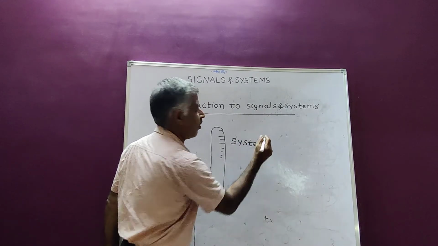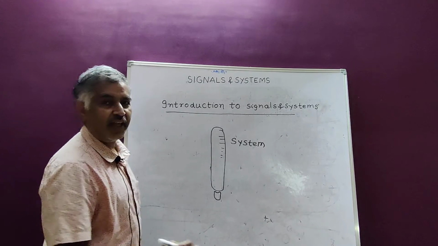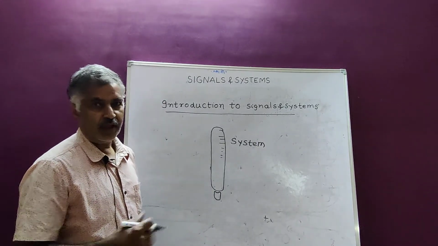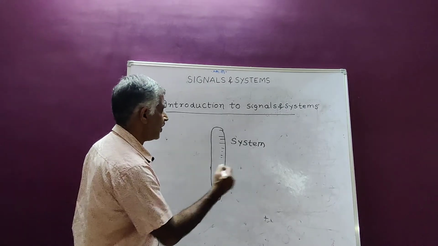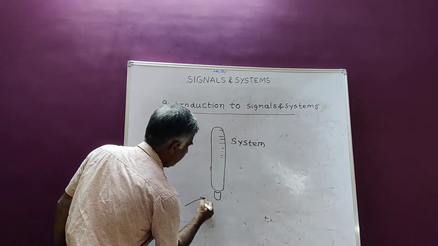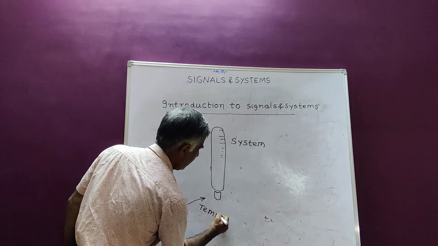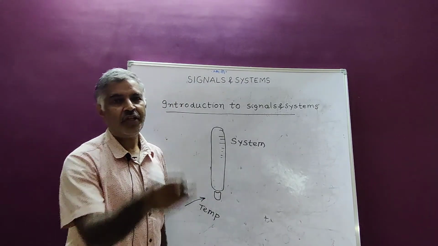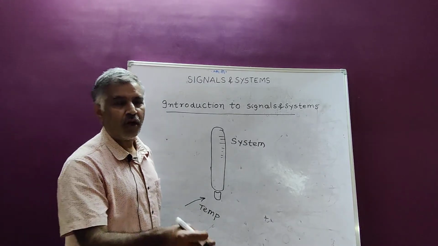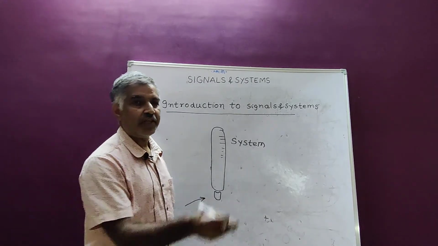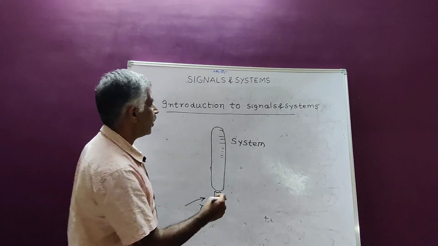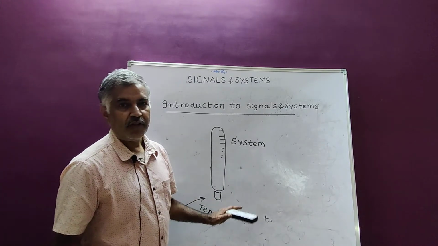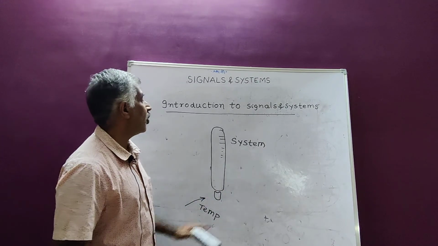It has a column of mercury inside a glass bulb, and it senses heat. So heat, or temperature, is the input. On sensing the temperature, the height of the mercury column changes. So the clinical thermometer responds in the form of the height of the mercury column.